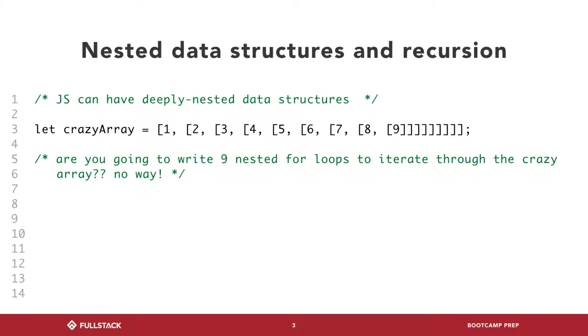But if I asked you to do something with it, you would probably say, okay, if I know there's one layer of nesting, I can do a for loop and an if else check, right? If I know there are two levels of nesting, I might be able to do another for loop, another if else check. But if there are potentially infinite levels of nesting going on, then at some point you're not going to be able to write infinite numbers of for loops, right?